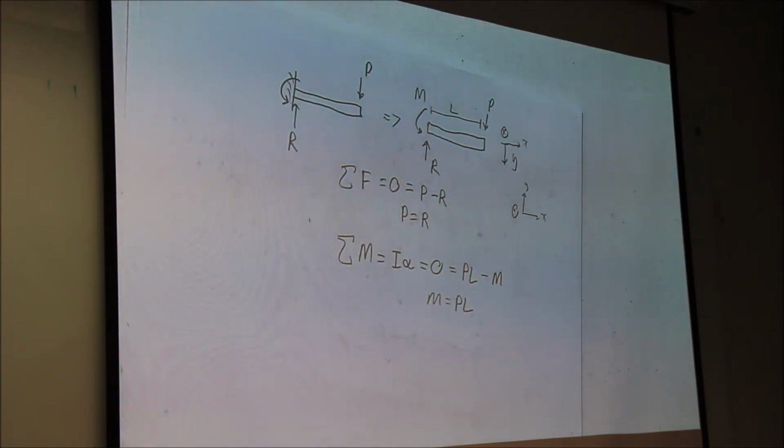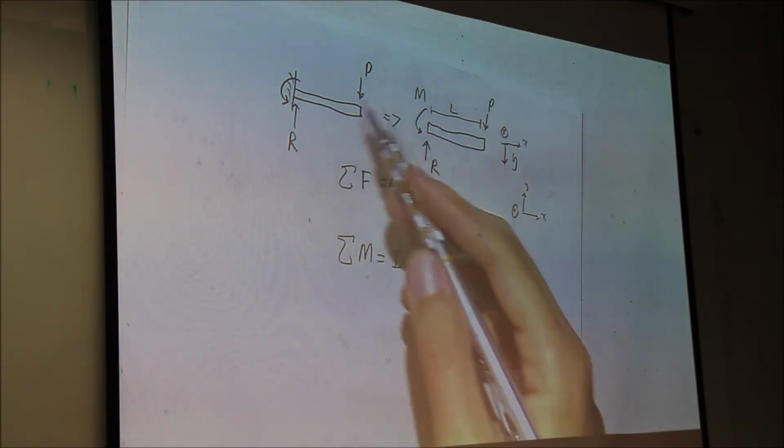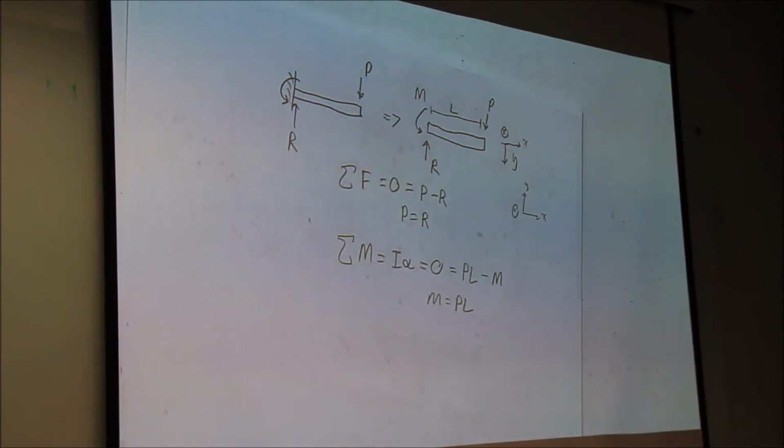But yeah, how many of you guys have seen torque balances before? Not everyone. Okay, so I'm going to spend a little more time going over this. The idea of a moment is basically how much twisty force you're seeing. It's like how much torque you're going to be seeing at one point.